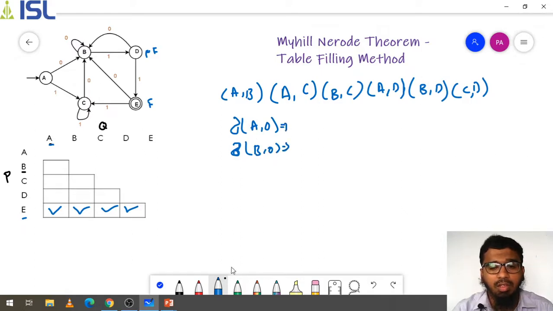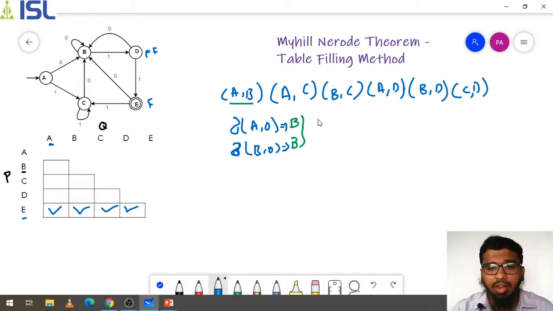I am taking this first one. A on 0 is going to B, and B on 0 is going to B. Both are the same state, so that does not allow marking. Fine.